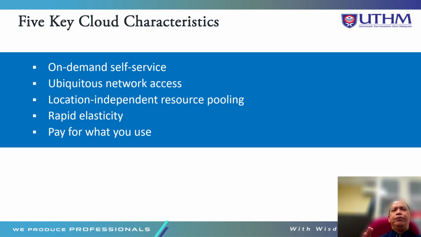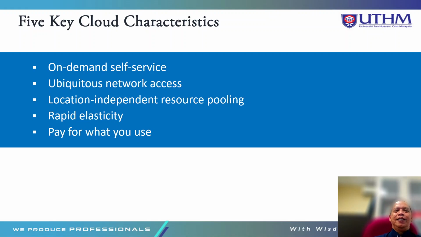No need for you to care about the application installation, the bottleneck management of the network, and so forth. You just use it, and if you set any accessibility, you are going to pay for that service.